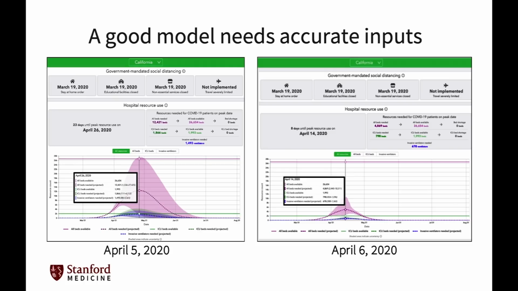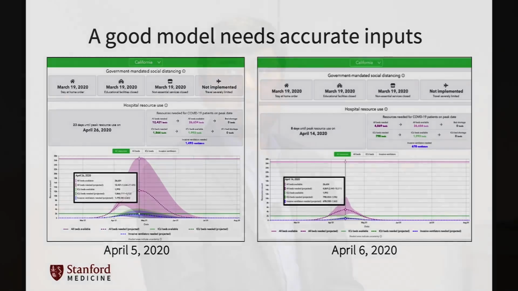What I hope this illustrates is that models rely critically on having accurate inputs. In this case, incorporation of this one extra input drastically changes the output. That makes resource planning challenging: if you were assigning capacity for California, where would you put these beds? Where would you allocate the additional ventilators?